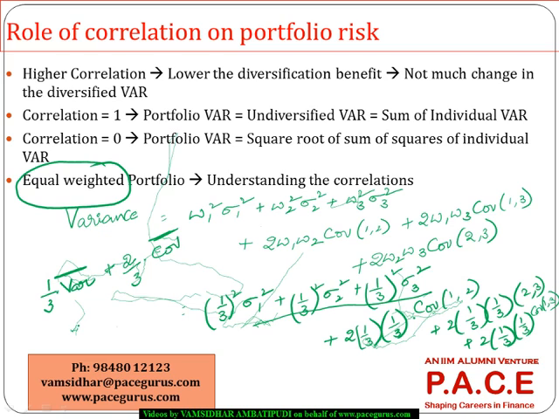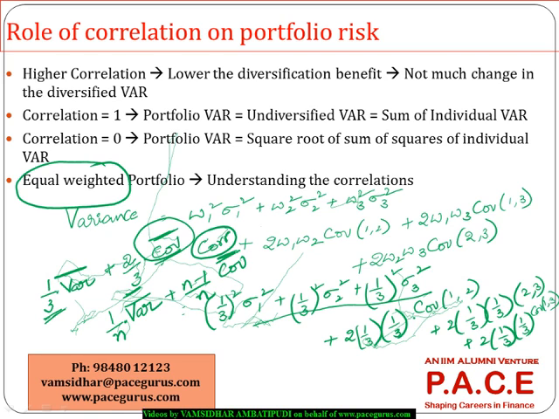The covariances are basically dependent on the correlation, and so in this case this 3 could become 4, 5, and in general, the variance of an equal weighted portfolio you can write as 1 by n times the average of the variances plus n minus 1 by n times the average of the covariances.